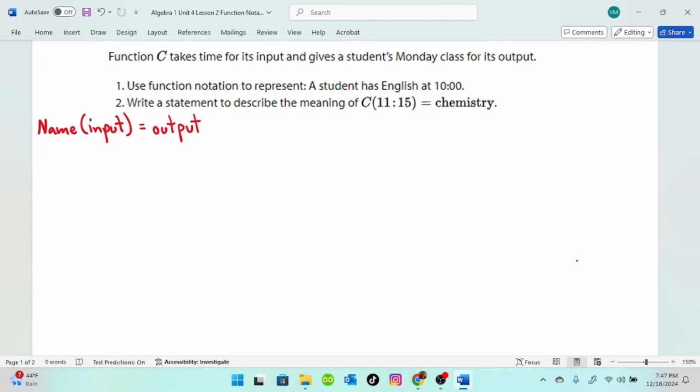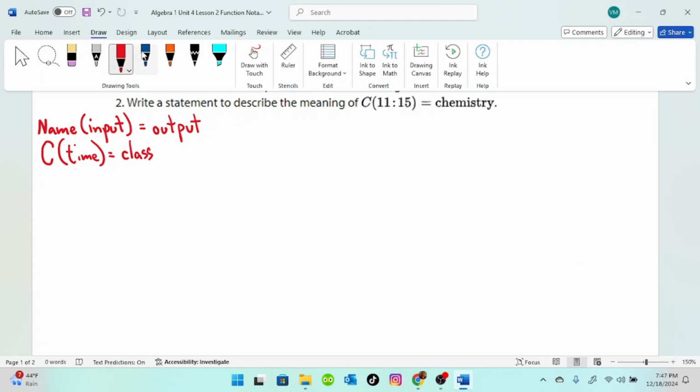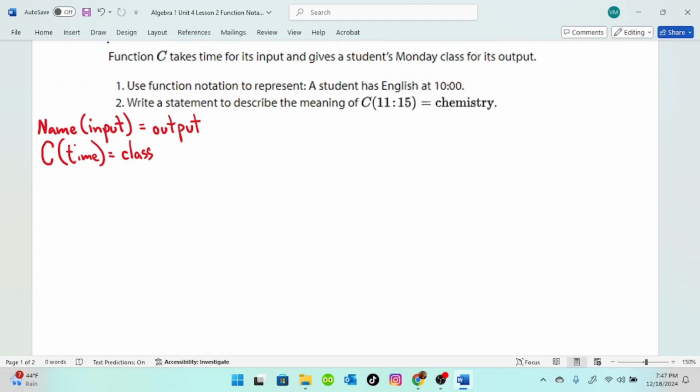So based off of what they just told us, the name is going to be C. The input is going to be time. And the output is going to be the class. So now we can look at the questions.